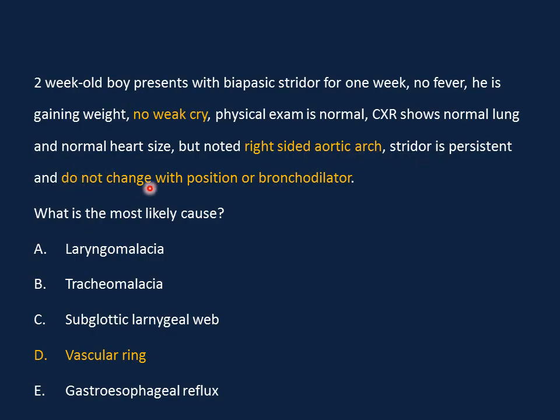Here also the stridor does not change with position, so it's not laryngomalacia, or with bronchodilator. The most likely cause here is vascular ring. So early presentation, no weak cry, right-sided aortic arch, or another keyword, the double aortic arch, and no change with position or bronchodilator. This is your keyword for any case presenting like that: vascular ring.